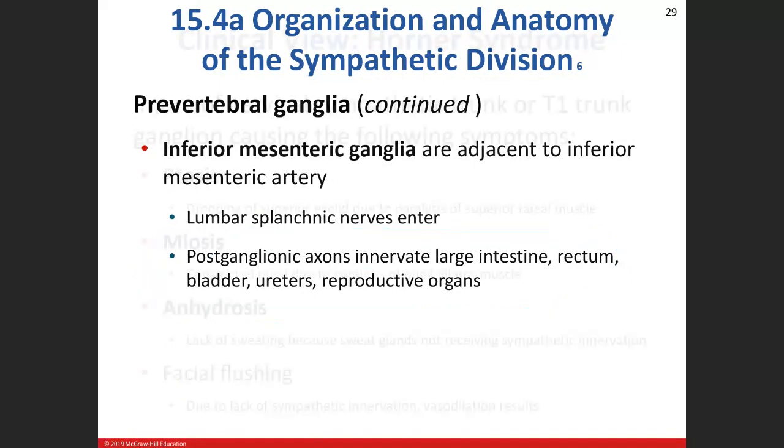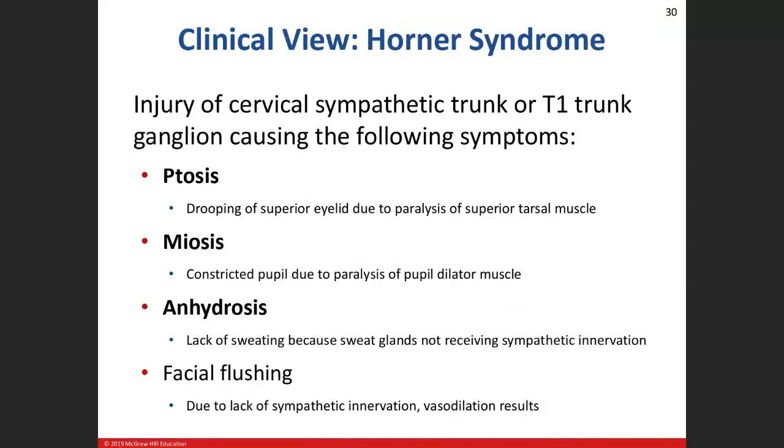We talked about Horner syndrome, remember this? Horner syndrome is when you have a lesion of one of the cervical sympathetic trunk ganglia or T1. You'll get the following symptoms. You get drooping of the eyelid. The pupil is going to be constricted, because we can no longer control the dilator muscle.